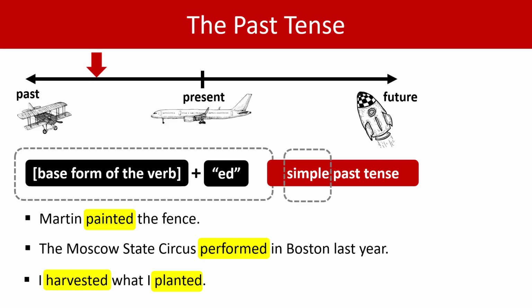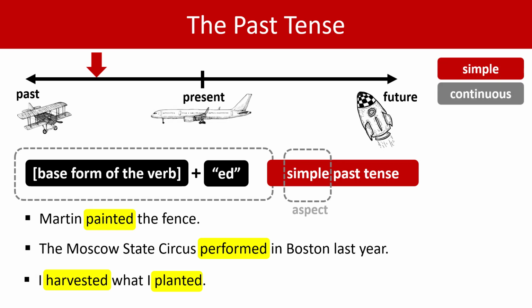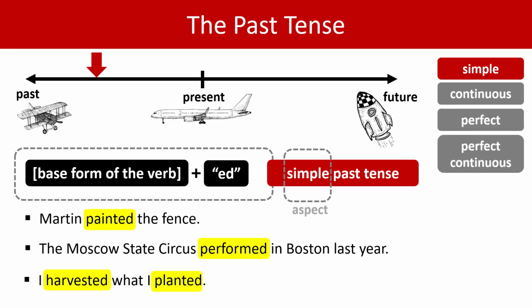Now look at this word simple. This doesn't mean that it's easy. This is what is called the aspect. An aspect is part of tense. And there are four aspects. Let's have a look at them. So you have the simple aspect, which is the one that we've just covered. You have the continuous aspect, the perfect aspect, and the perfect continuous aspect.